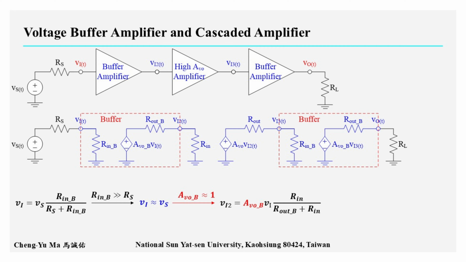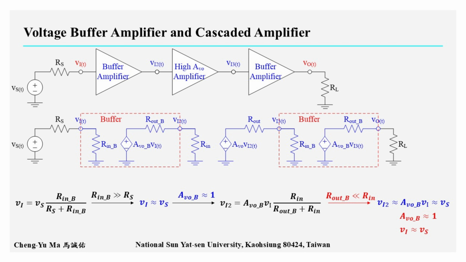Therefore, Vi2 equals AVO times Vi multiplied by Rin divided by the sum of Rout_B and Rin. At this point, we use the low output resistance characteristic of the voltage buffer amplifier. Therefore, Vi2 is approximately equal to AVOB times Vi and is approximately equal to Vs.